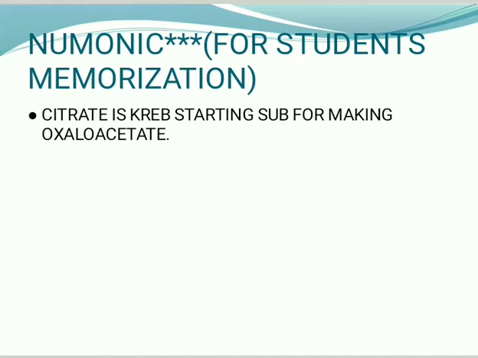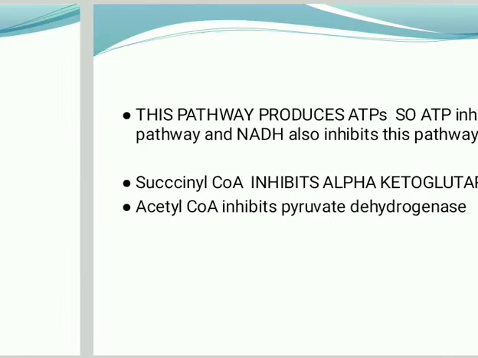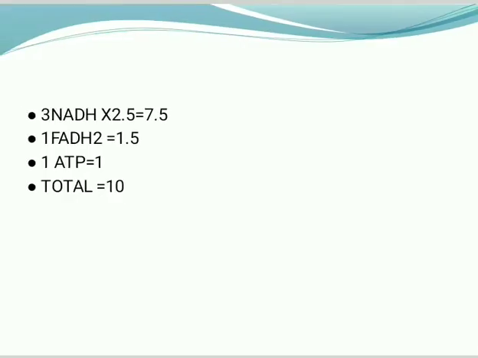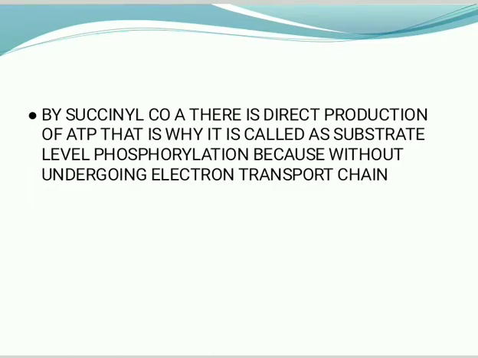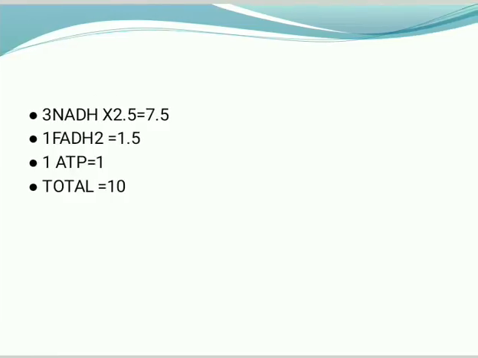Here is a mnemonic that can be used to memorize these steps. Citrate is Kreb's starting substrate for making oxaloacetate. You can write the first letter of each word and memorize it, but you can also write down your own mnemonic.